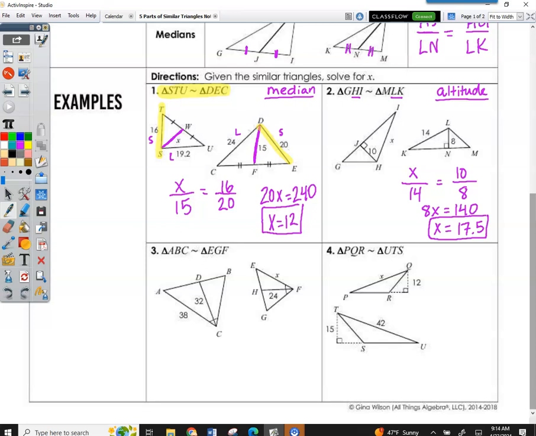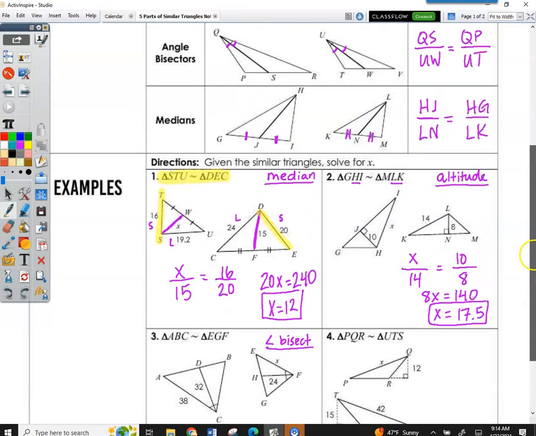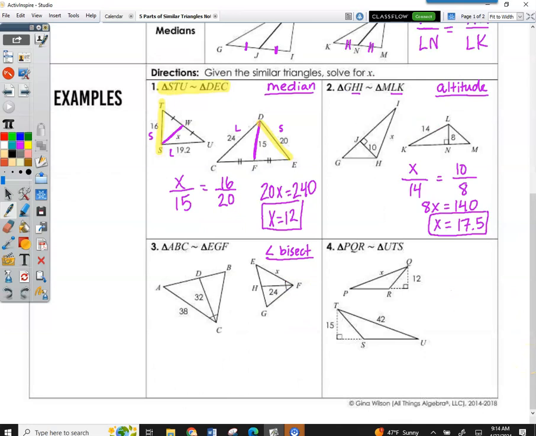All right, number 3. What type of problem? Angle bisect. I'm just going to write it like this. An angle bisect problem. We're going to set up fraction equals fraction.